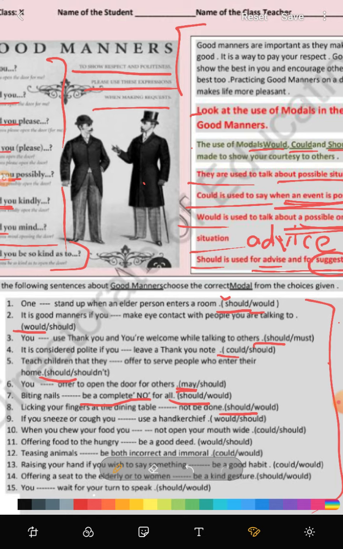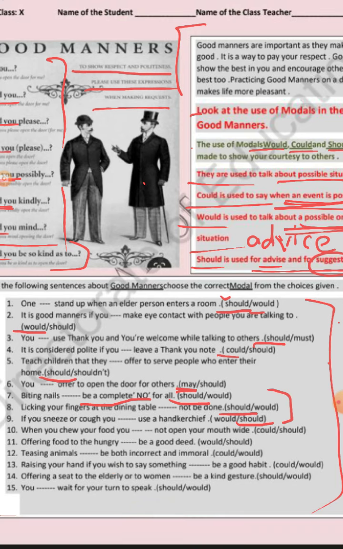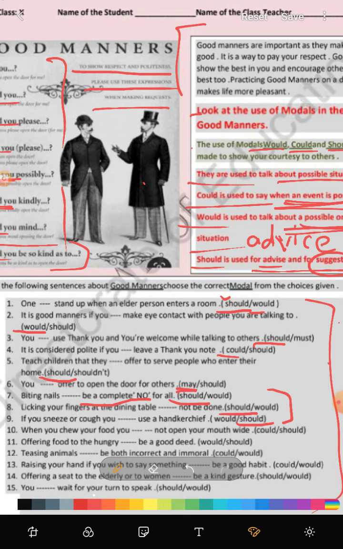Again, would is used for a lighter thing and should is used for a strong statement. If you sneeze or cough, you should use a handkerchief. So again, all these three sentences use should. Here the statement is very strong.